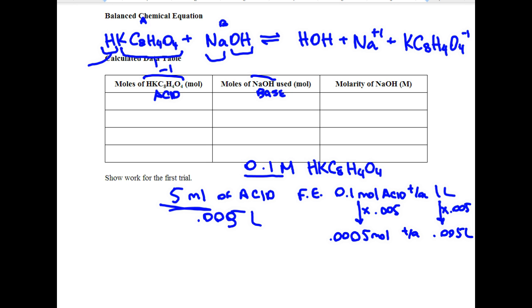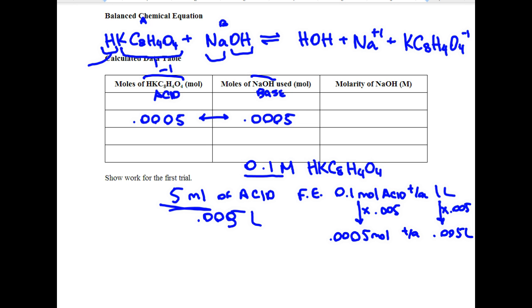So at 5 milliliters of use, that means that's how many moles there were of the NaOH. So if we find out the moles of the acid, which is 0.0005, that is the number of moles of the NaOH, because that's when they became neutral, and that's why the color changed from purple to clear.